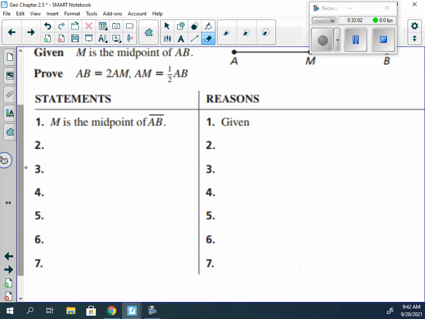Now they wanted us to prove that AB is equal to 2 times AM, or AM is equal to 1/2 of AB. Which one of those two do you think we'll do last?